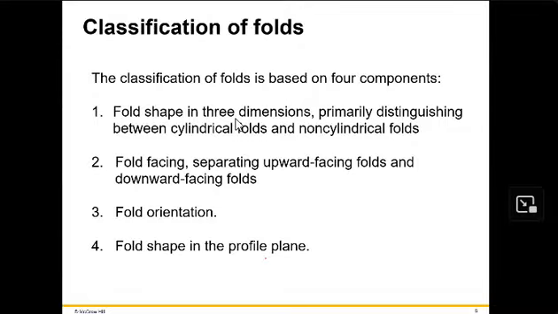Inflection point, yes. Limb. Profile plane. Profile plane, yes. Interlimb angle, yes. The limb. All right. Please remember, not just mentioning the name, remember what all of this stand for. Remember what they stand for.